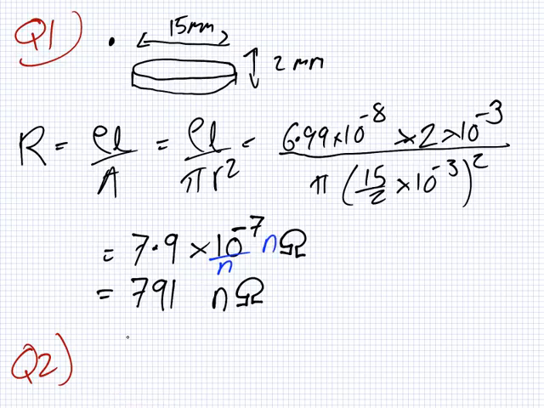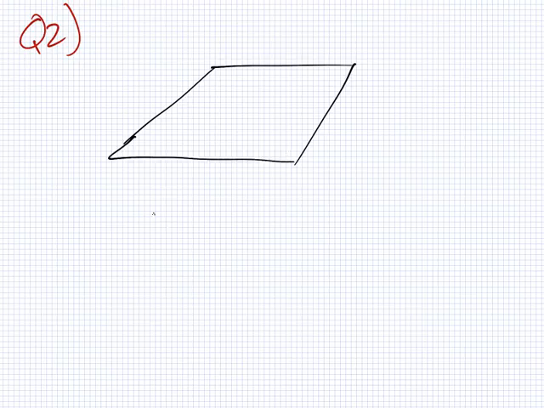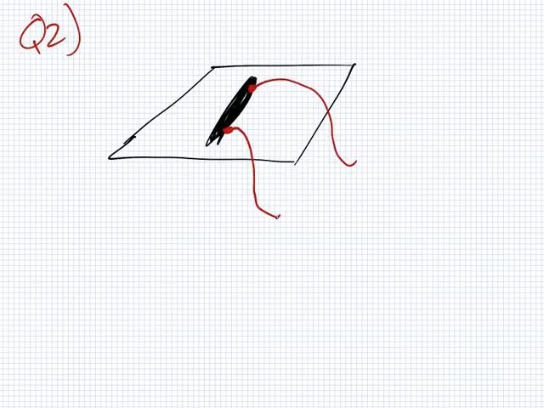Right, number 2 I said was the hard one, wasn't it? Now, what's happening in number 2, I don't know if you've ever seen this, I can do it in class. If you take a pencil and write on a piece of paper and then connect it up to that cell, a current will pass through the pencil on the paper.